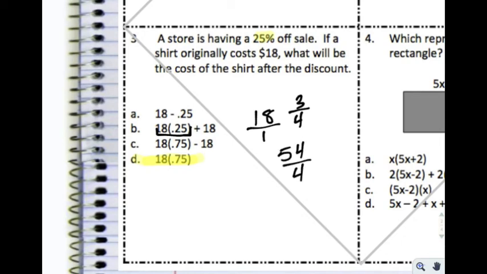And if I simplify that out, I'm going to get $16. Is that correct? I'm sorry, more like $13 and some kind of change, which seems to be about 75% the cost of the shirt. If the shirt was originally $18 and it's 25% off, it's about $13.